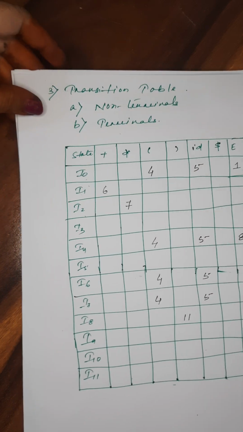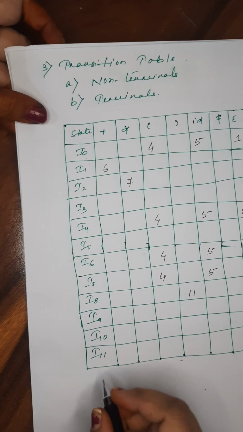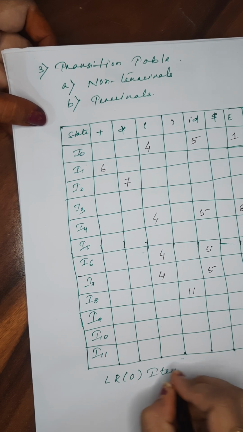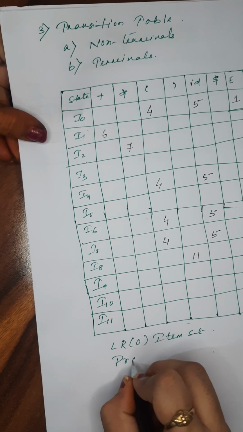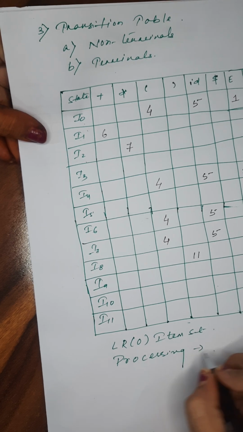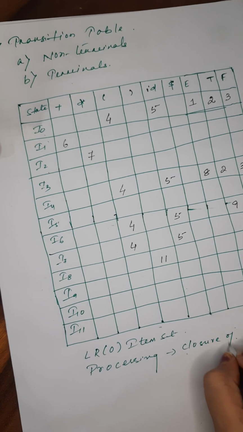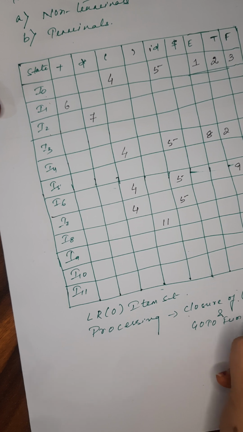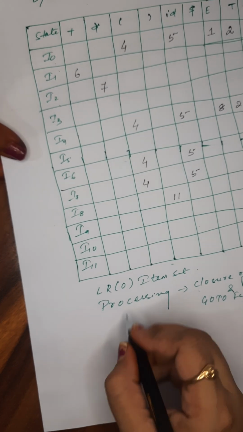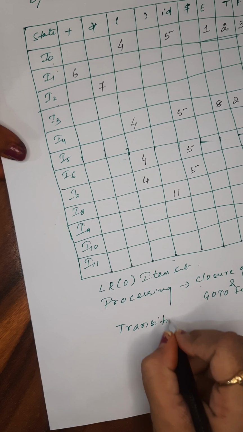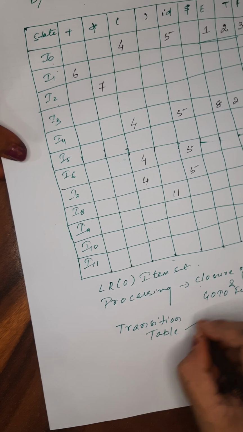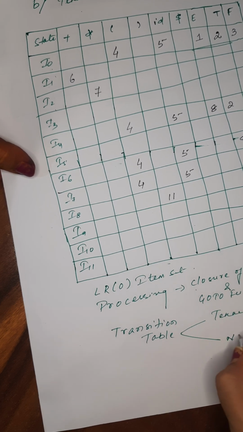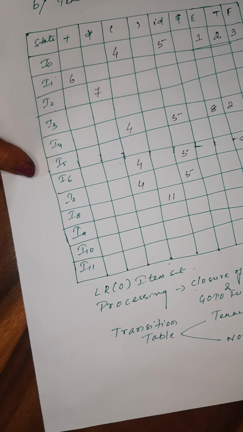So what have we learned till now? We have learned how to construct the LR0 item set, how to do the processing by using closure of I and the goto function, then constructing the transition table, which contains your terminals and non-terminals.